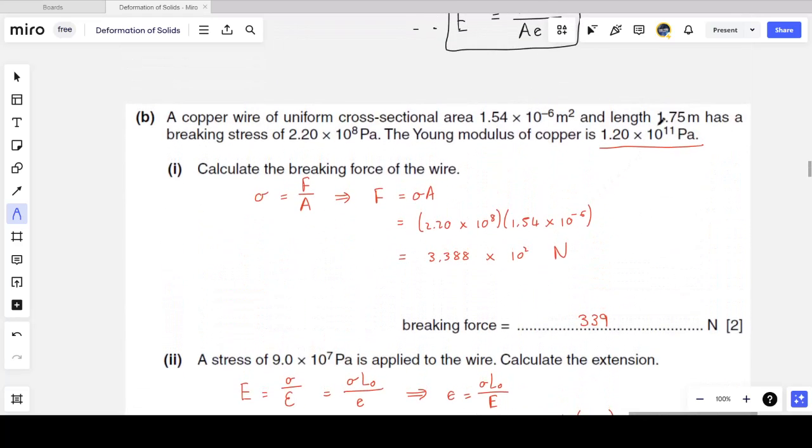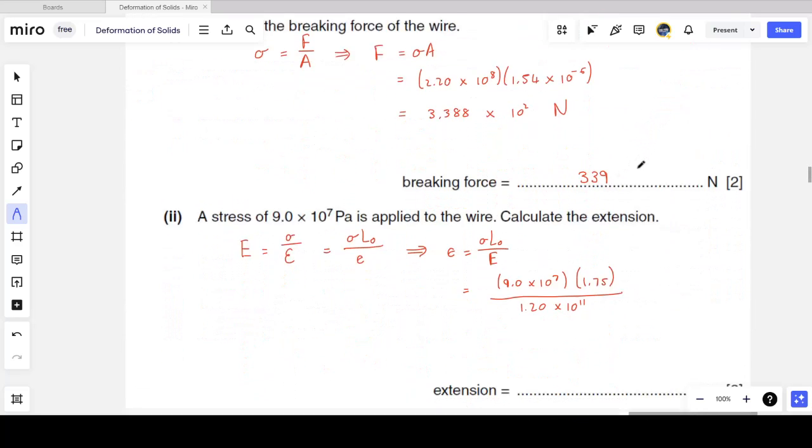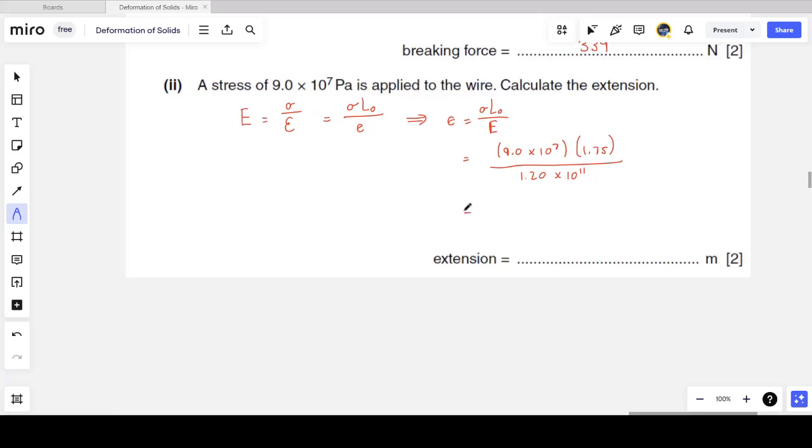So we can just double check our length is correct and our Young modulus is correct. And so if we do this calculation, we get 1.3 times 10 to the minus 3 meters. We'll keep our answer in 2 significant figures. 1.3 times 10 to the minus 3 meters.